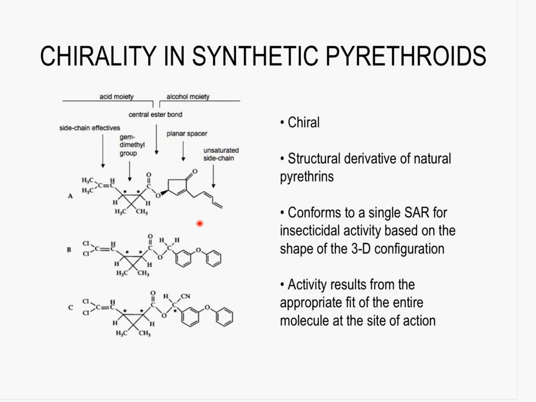So for those of you that are non-chemists out there, what this means is if you look at a two-dimensional structure of a chemical, it looks like this. But in reality, at these sites where the stars are, you actually have those carbons coming in and out of the plane of the board, if you will. So they're actually not the same chemical.